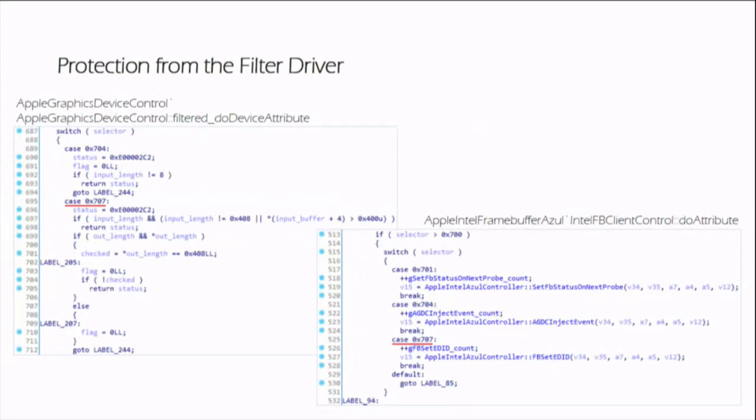More specifically, in this example, selector 707 represents FB set EDID, and correspondingly, in the filter driver here, if the input buffer length is not equal to 408 bytes, all fuzzing attempts for the interface are meaningless.